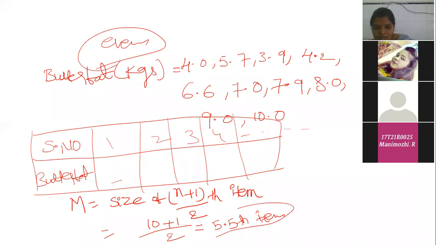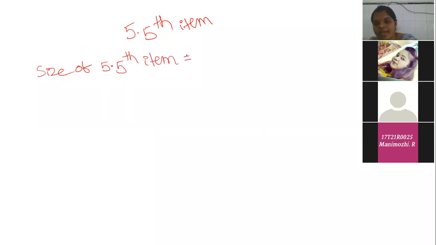There is one more formula to find it. This is the 5.5th item, right? So write down the size of the 5.5th item is equal to... This 5.5 lies between 5 and 6.